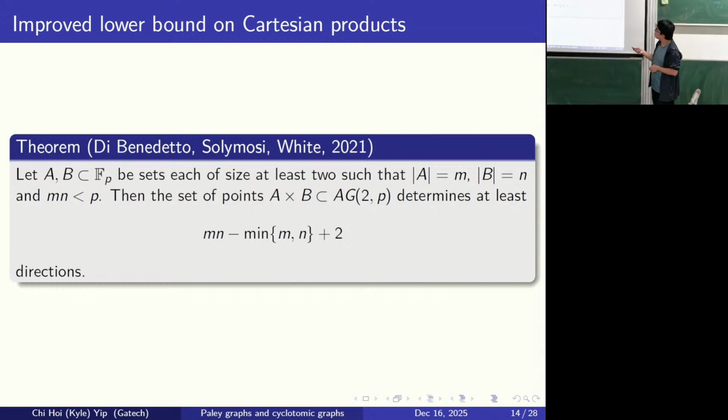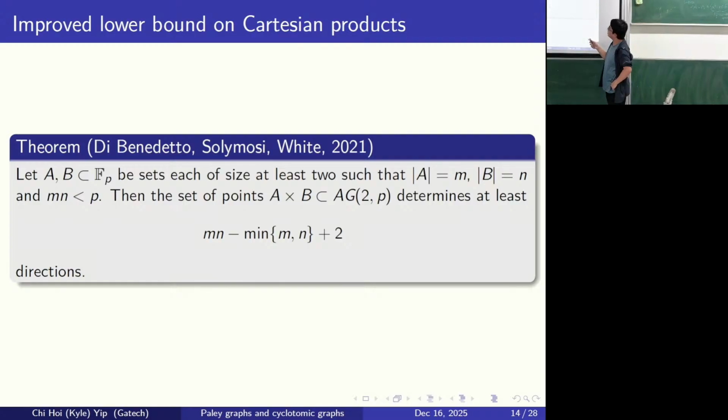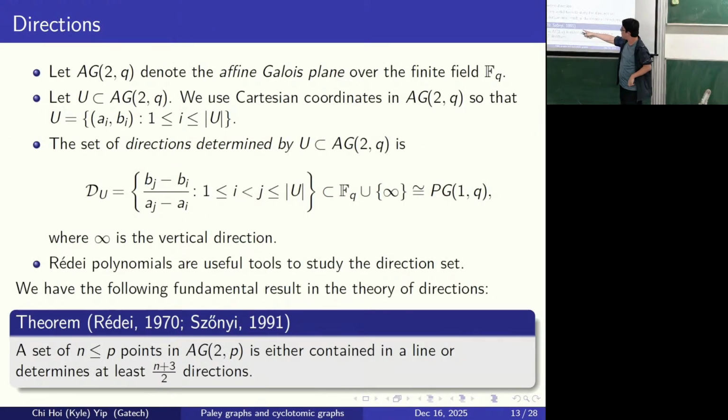So I want to mention how we can use this direction idea to get an improved upper bound on the clique number of the Paley graph. This was resolved by my PhD supervisor, Joseph Solymosi, and his two students, Di Benedetto and Ethan White. The result by Szőnyi says that if we have a point set which is not all collinear, then the number of directions is at least the size of the point set divided by 2.